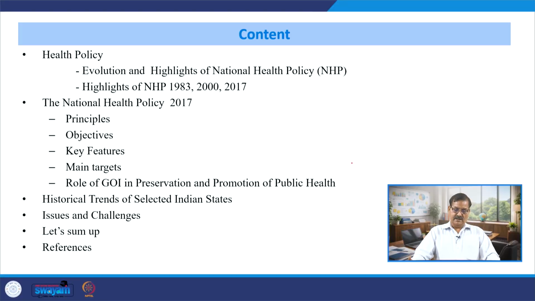In this lecture, I will explain evolution and main highlights of national health policies, and then we will discuss the latest National Health Policy 2017, its main principles, objectives, key targets, and role of the Government of India in preservation and promotion of public health.